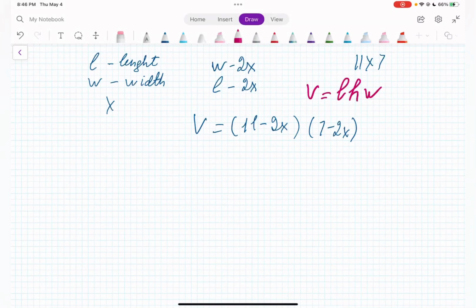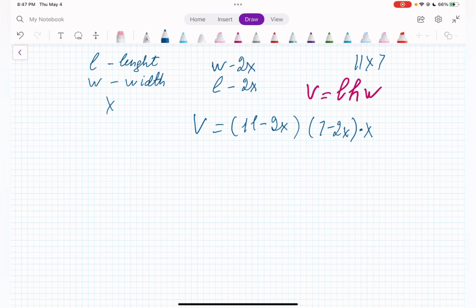Okay, so x is our height, so we are multiplying also by x. So this is going to be our volume. Now, to find the dimensions for which the volume is maximum, we need to take the derivative, right? Because we need to find the maximum.